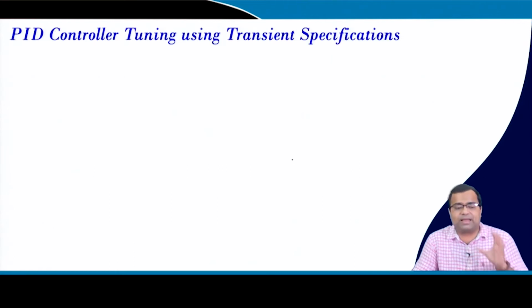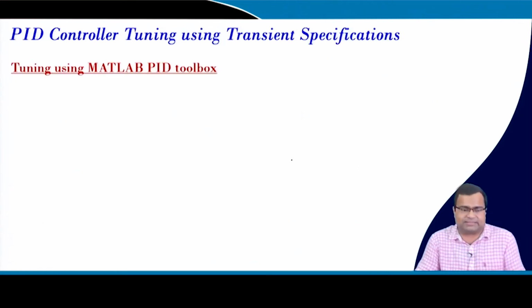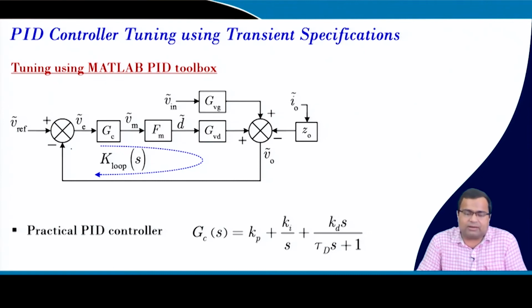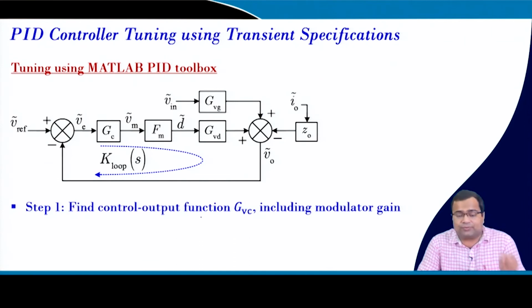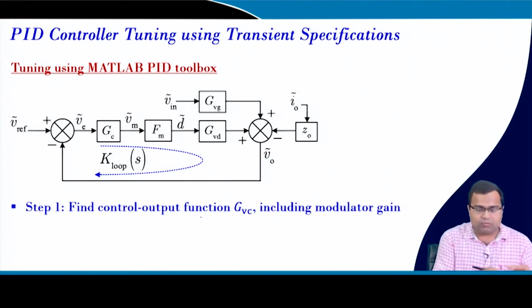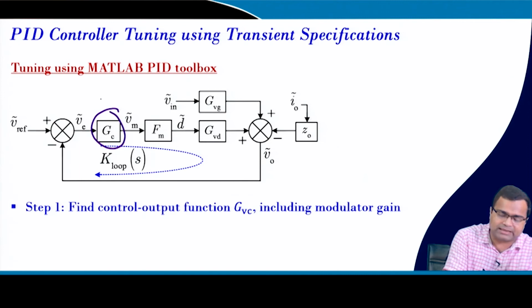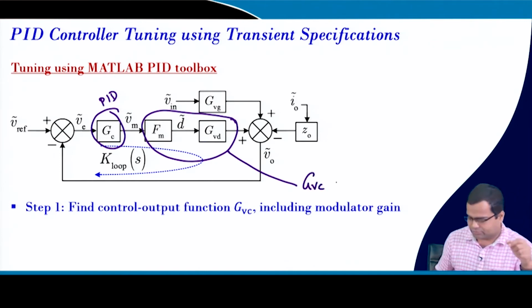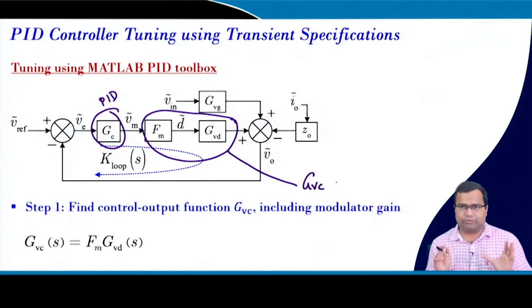Now, we are going for PID controller tuning using transient specification. So, here we are using the MATLAB PID toolbox. Okay. So, again the same practical converter with a PID controller, but first we want to obtain GVC, that means the control to output, because we are trying to find this PID controller, but we need this whole transfer function, and this we are calling GVC, which is nothing but the modulator gain times GVD.